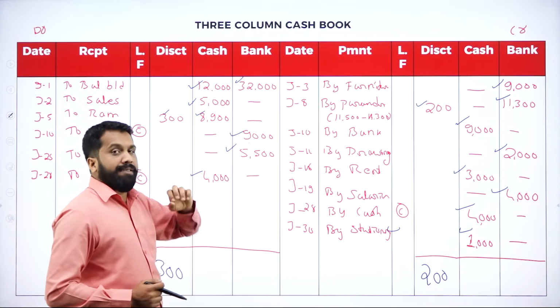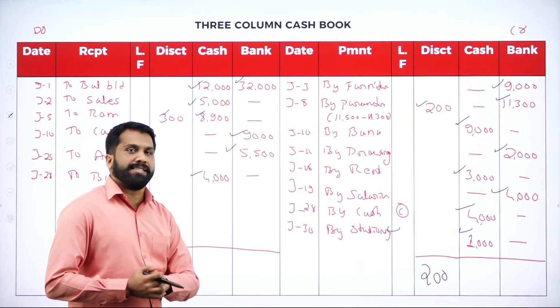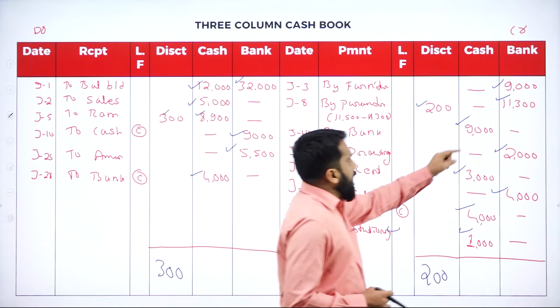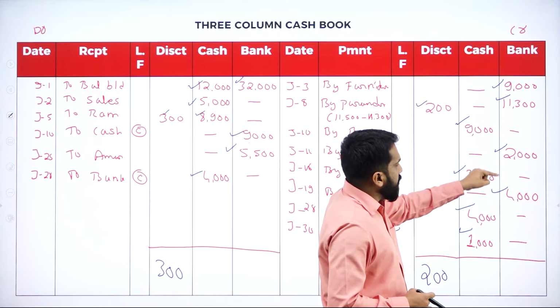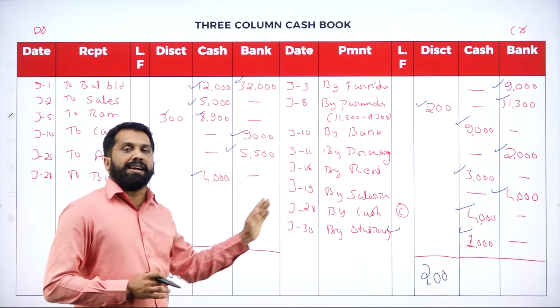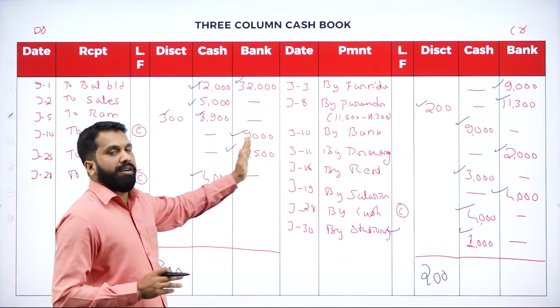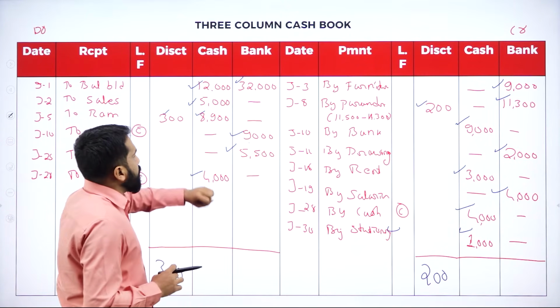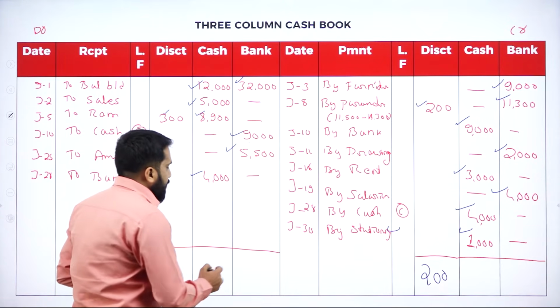32,000 plus 9,000, 41,000 plus 5,500, 46,500. Do we have more than 46 here? See, almost 11 plus 9, 20, 26. No, we have less. Which is higher, debit or credit? Debit side. Don't touch your cash column. We are doing only bank.